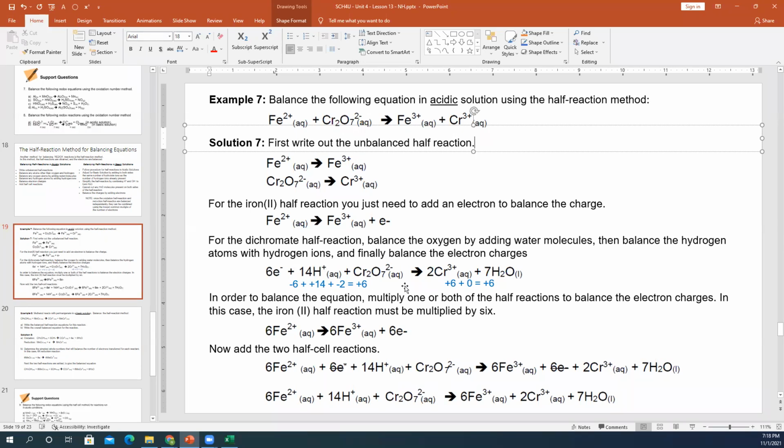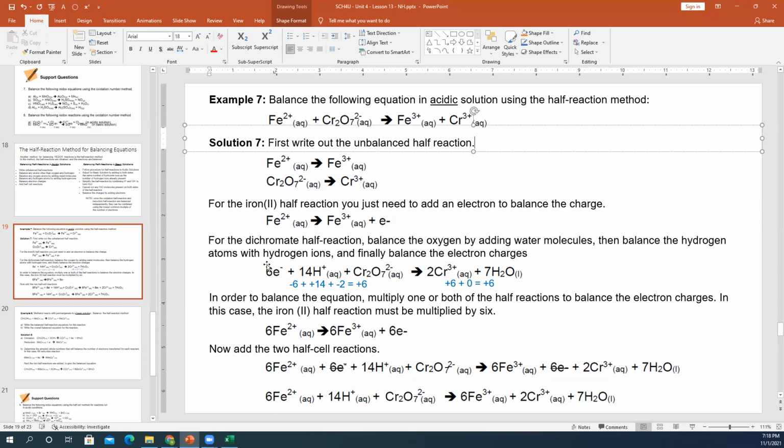What we're left with now, we need to make sure that our charge is balanced by adding electrons. So if we look at what is the charge on this side and compare it to that side, we see that we need to have 6 electrons put in place here.